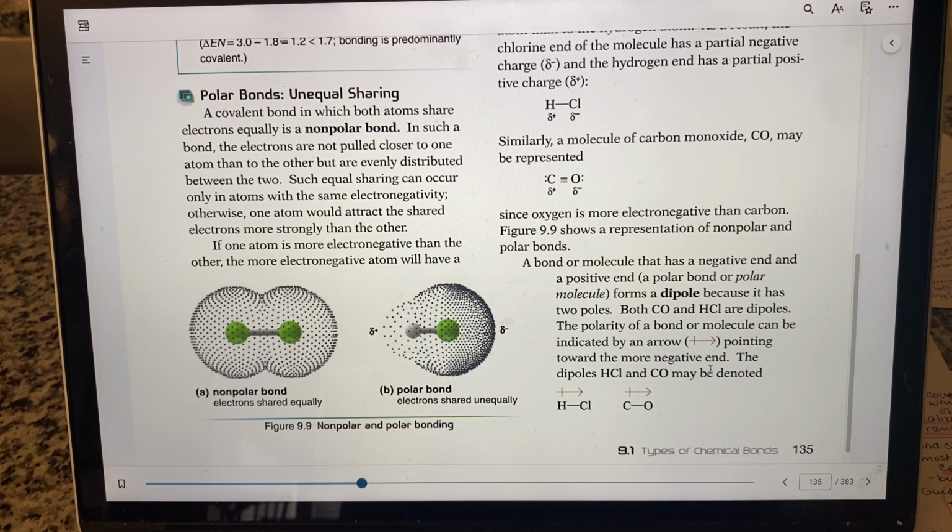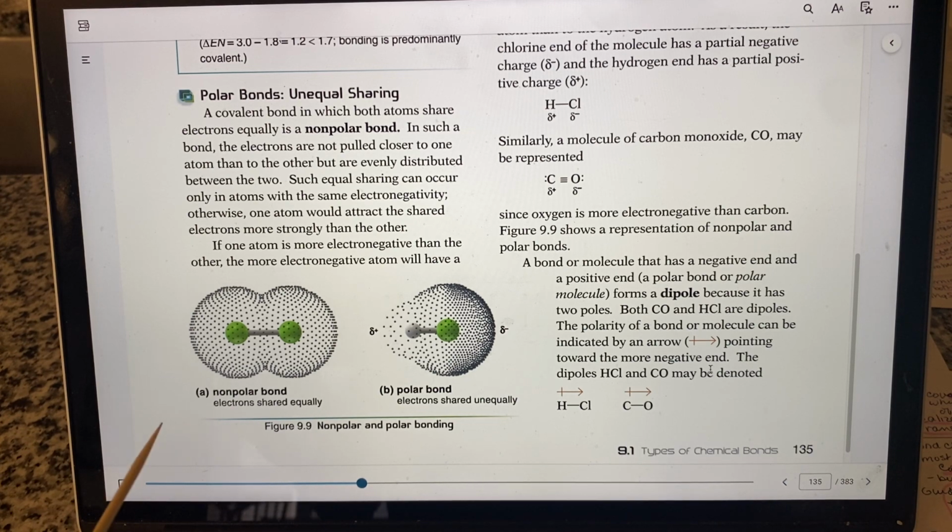Because we have an electron cloud there, that electron cloud is going to be distorted because they're unequal. And the greater the difference, the more distorted, then one side is going to gain a partial negative charge, and the other side is going to have more of a positive side, so you're going to have a higher concentration of negative on one side.